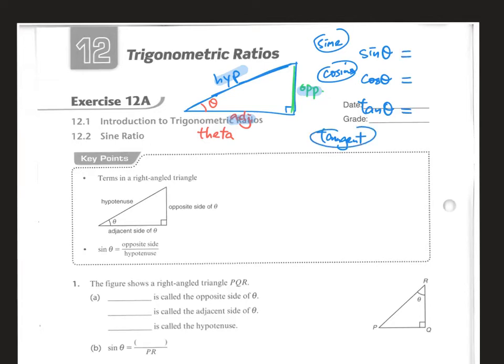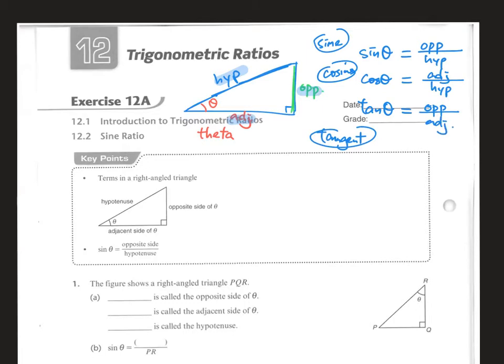Each of them relates theta with two of the sides. Sine theta is equal to opposite side over hypotenuse. Cosine theta is adjacent side over hypotenuse. And tangent is opposite side over adjacent side.